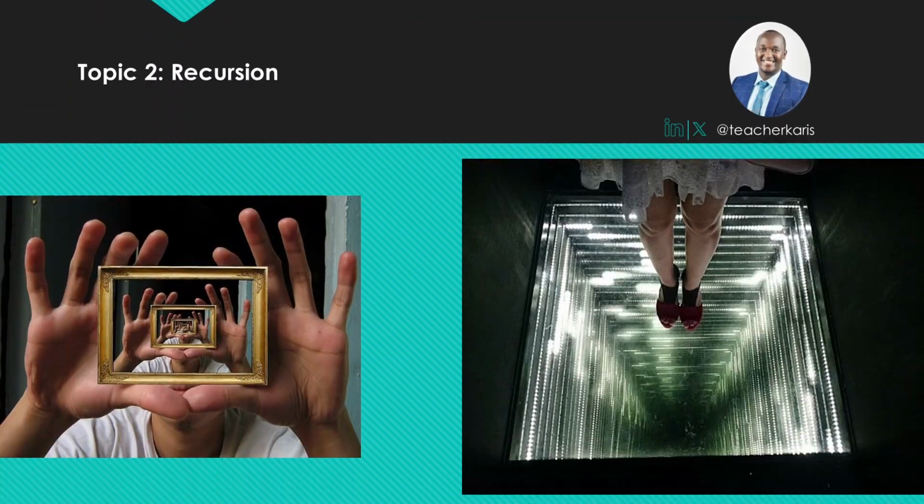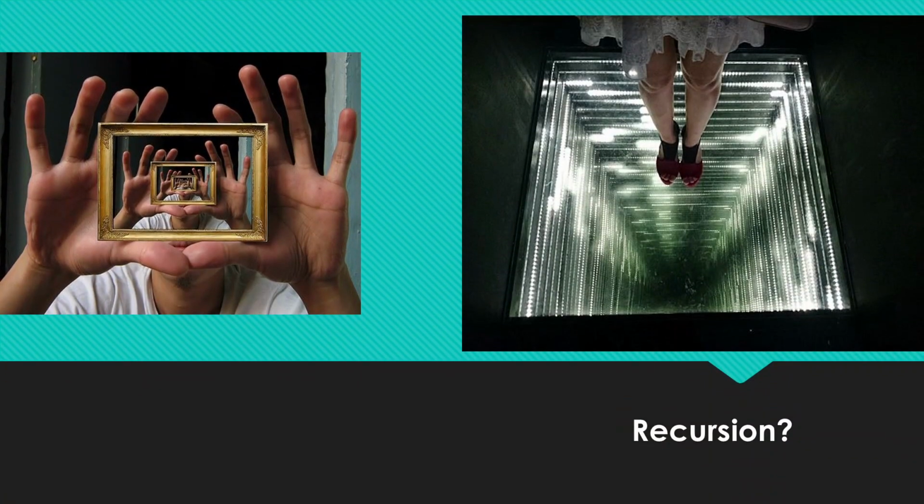So this is the same thing you experience when you point a mirror to another mirror. You again get a recurring image of the mirror until a certain point where you cannot see it at all.